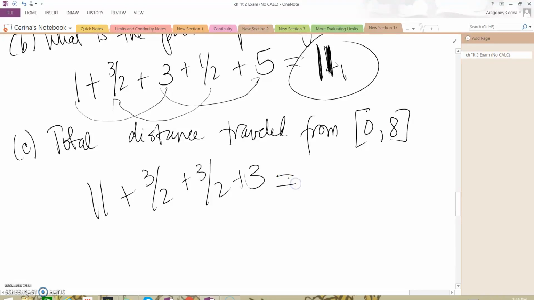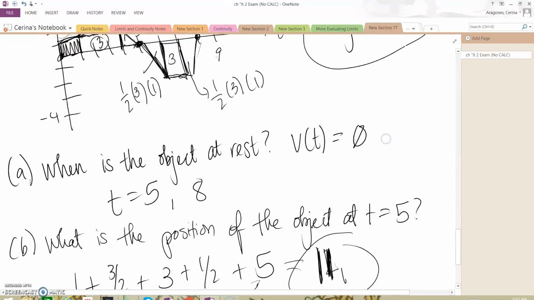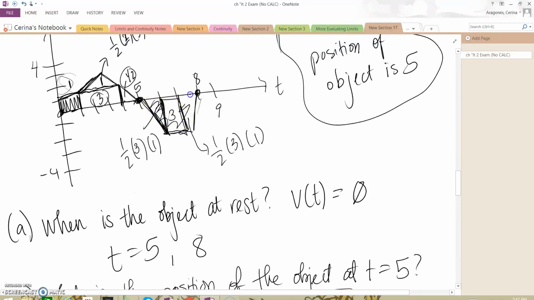We add all that up, we get 16 units. Wait, hold on. 6 over 2 is 3, plus 3 is 6, plus, actually it's 17 units. 17. Okay? So all you had to do was find the area under the curve, add it all up, and then don't forget that your original position was at 5.